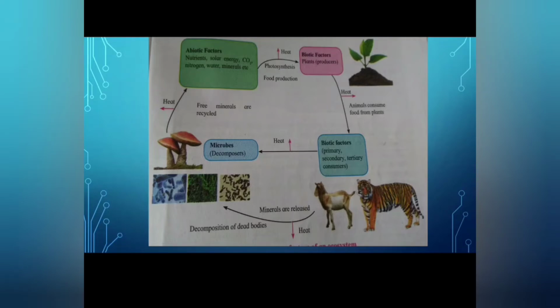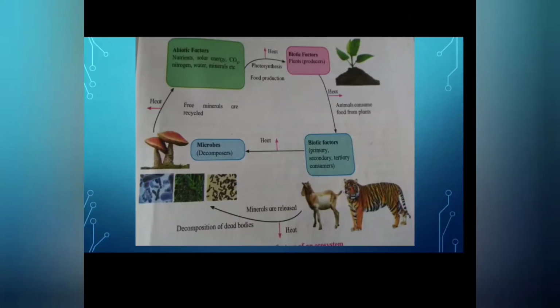But during all these processes, at every step, energy is lost in the form of heat. So this picture shows the interaction between living, that is biotic, and abiotic factors. Both factors are totally dependent on each other.